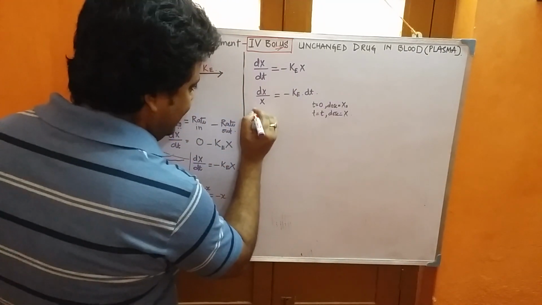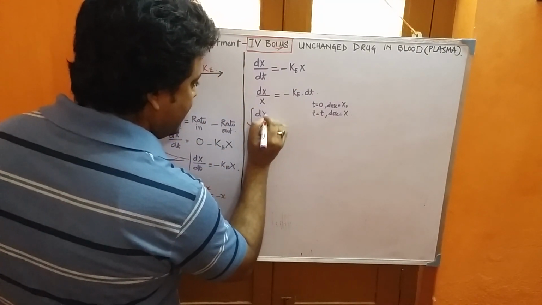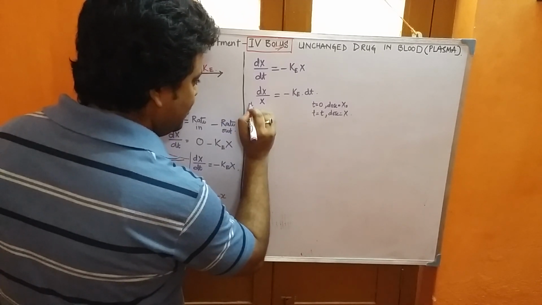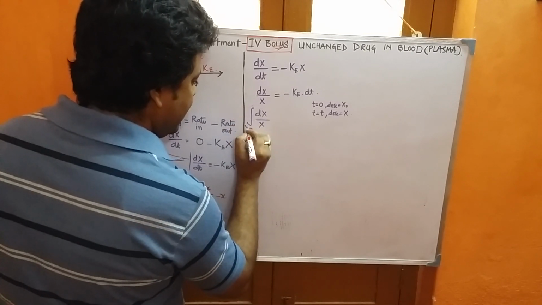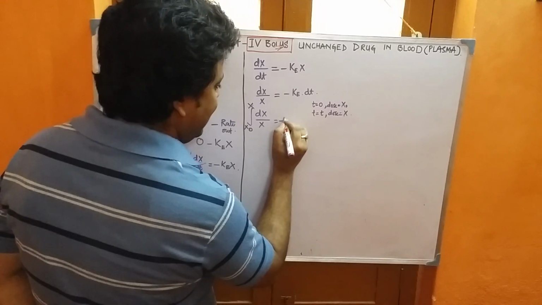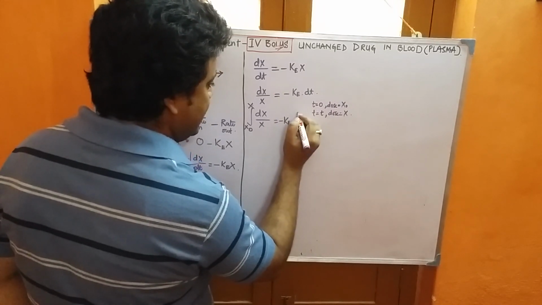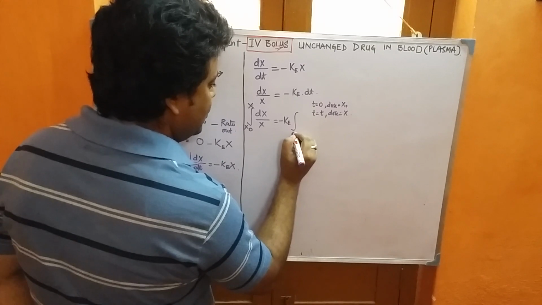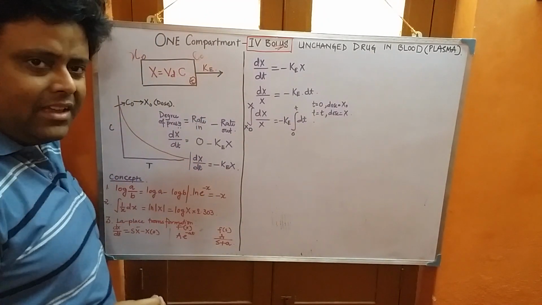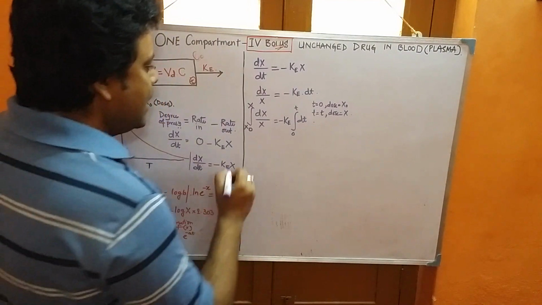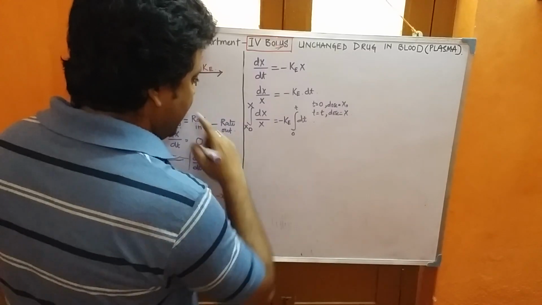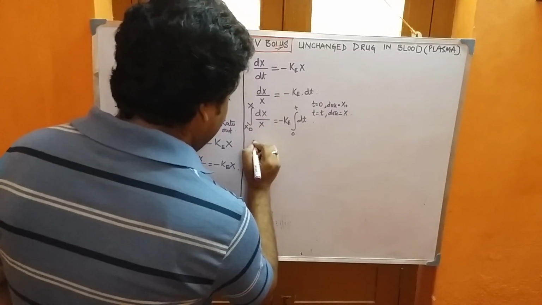So you are integrating it: x naught to x, and this will become minus k, taking it as a constant outside, 0 to t dt. Now what we are going to do is integrate. So what value will we get for x?